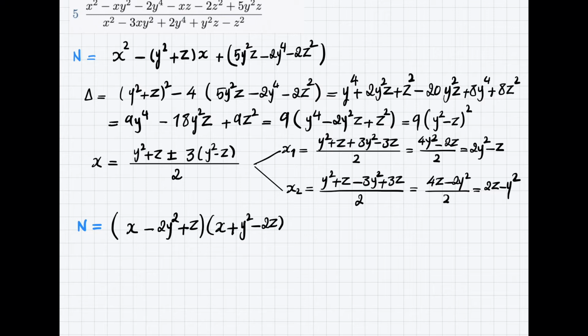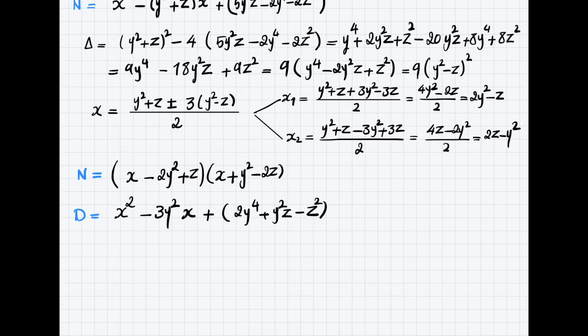Now for the denominator, I want to do the same thing. This is already a second degree polynomial in x, but let me write it in a more organized way. So I would write x squared, but instead of writing this middle term in this way, because I want to consider x as the variable, I would write it as minus 3y squared multiplied by x, and then the rest of it I can put a pair of brackets around to emphasize that I want to consider this as just one single term.